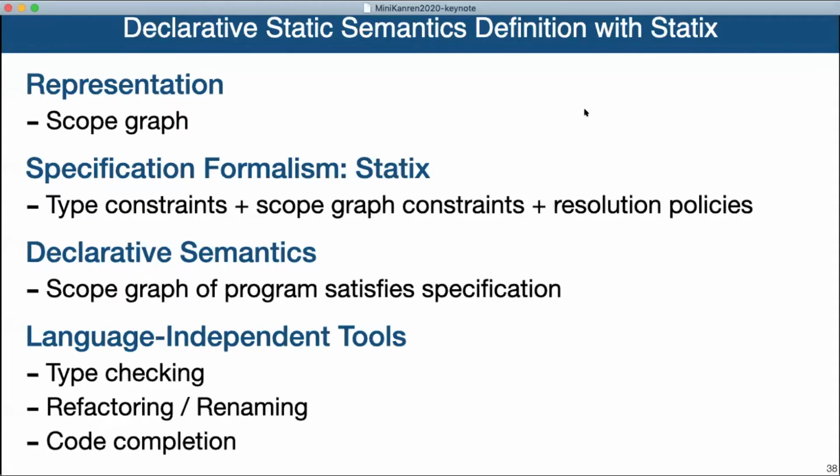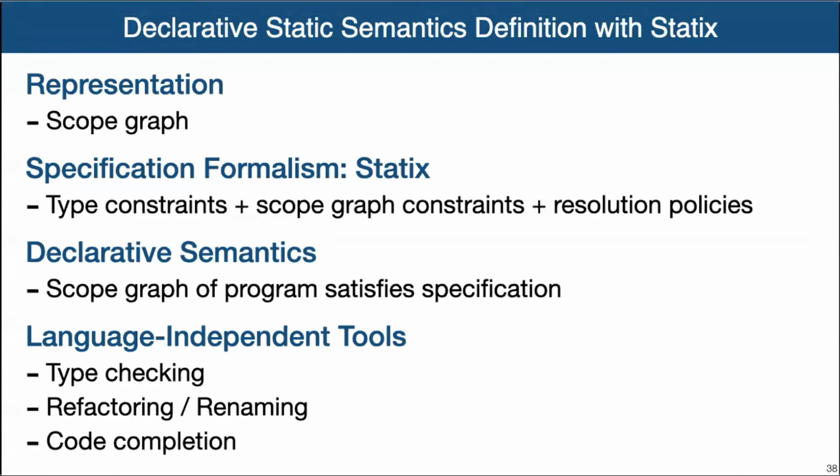Again, we follow the same recipe. We have a language independent representation for representing binding in programs, so-called scope graphs. We have a formalism in which users define language specific rules, consisting of type constraints, scope graph constraints, and name resolution policies.